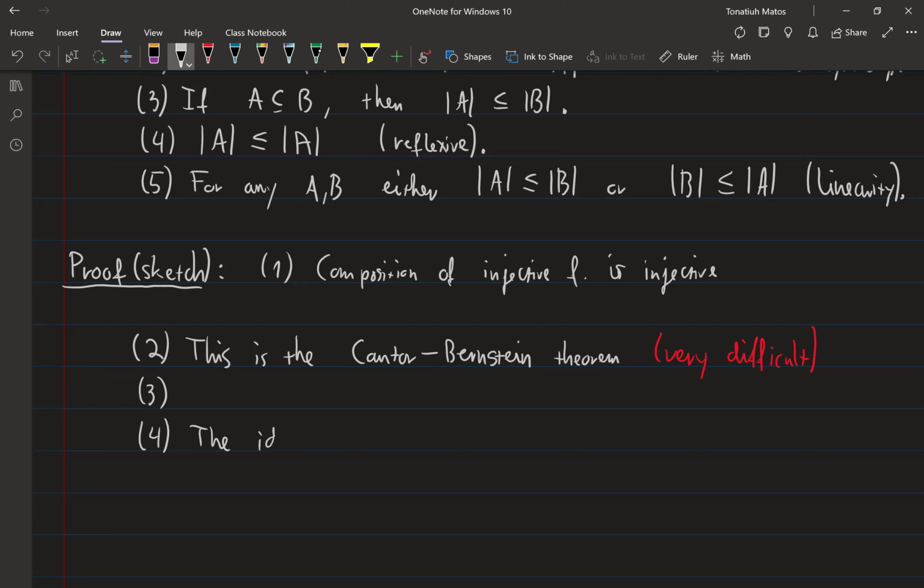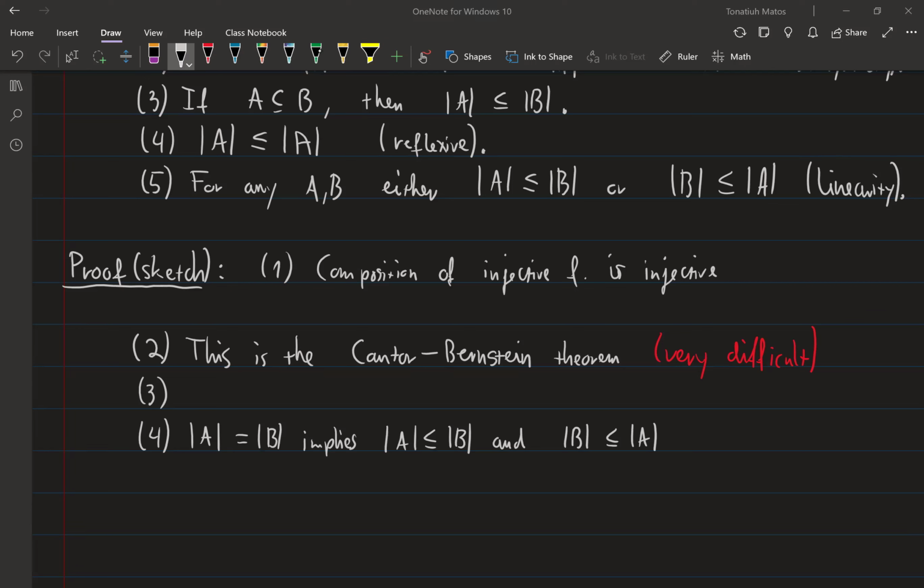The identity. Actually, you can prove something stronger. A equals B implies A is less than or equal to B, right? If they're equal, well, then they're less than or equal to each other. This is a slightly stronger statement because every set is in bijection with itself, right? The identity is a bijection.